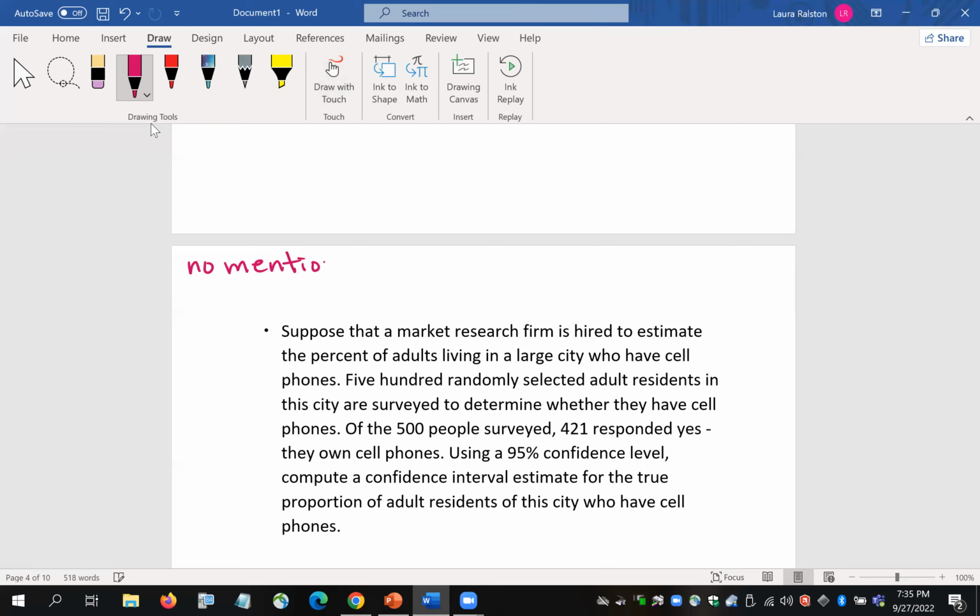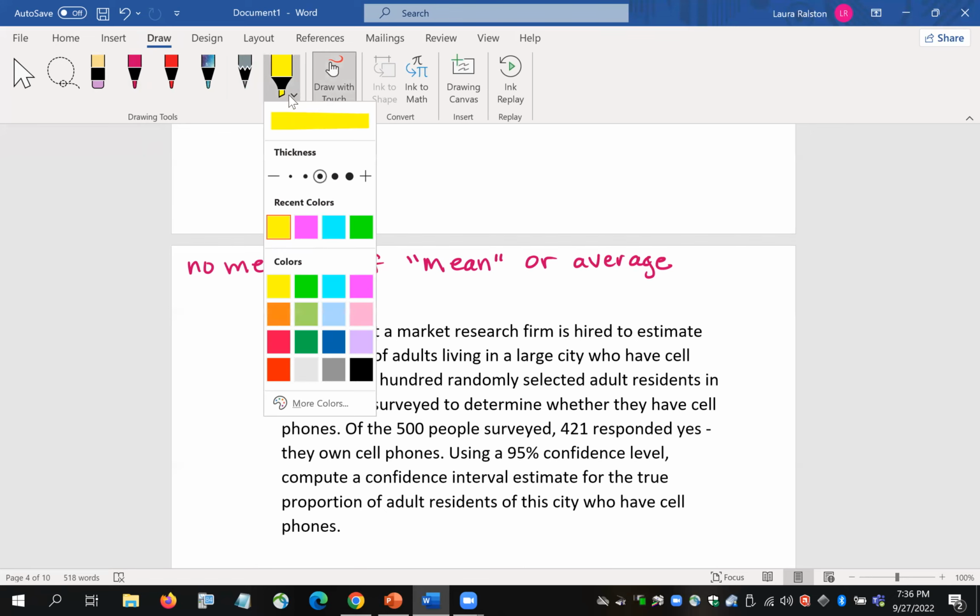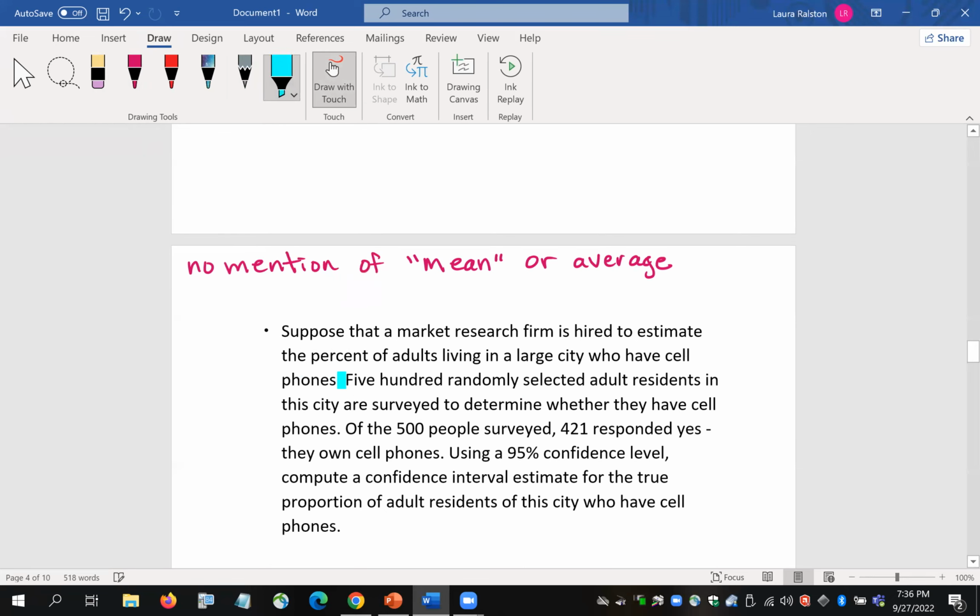Okay, so reading that whole story, nowhere did I mention mean or average. So there's one clue. The second clue that I'm going to do a proportion is in the first sentence, it does talk about a percentage.